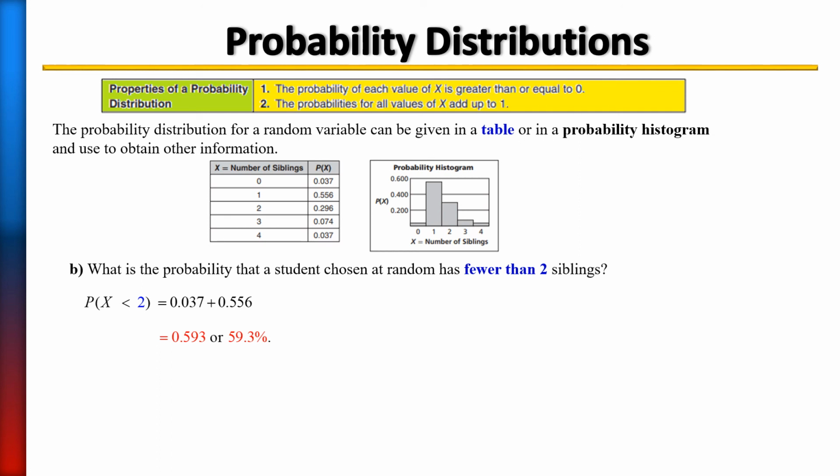That was a frequency distribution table, and this one, because you have the probabilities already there in decimal form, is a probability distribution table. So all you need to do is add the 2 values, and there you have it. It's 0.593, or if you want to write it as a percent, that group will consist of 59.3%.